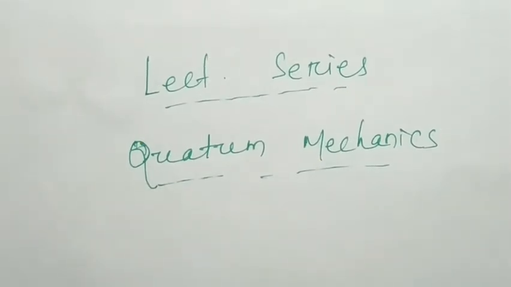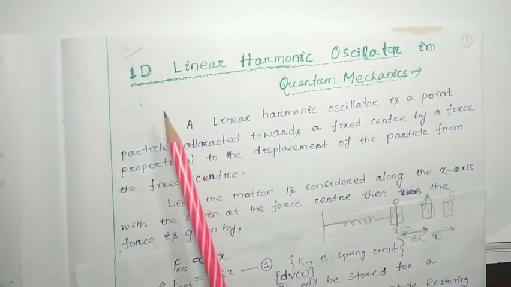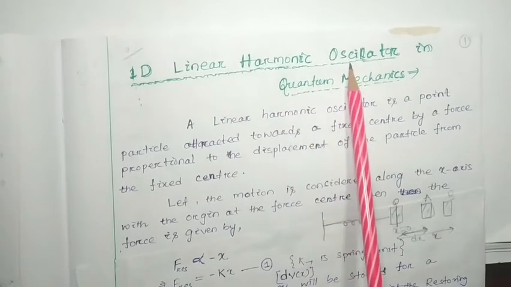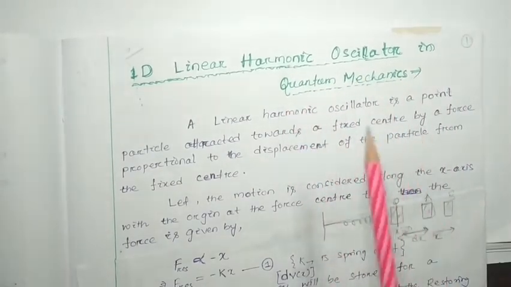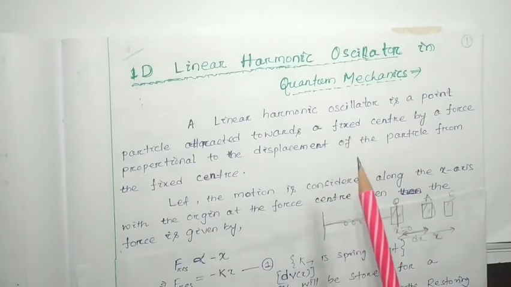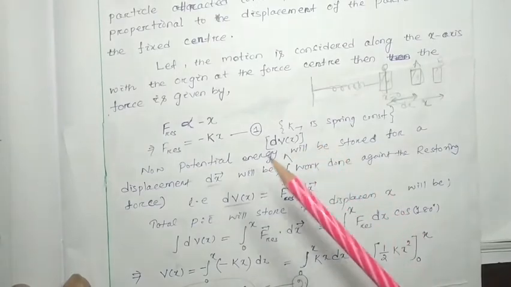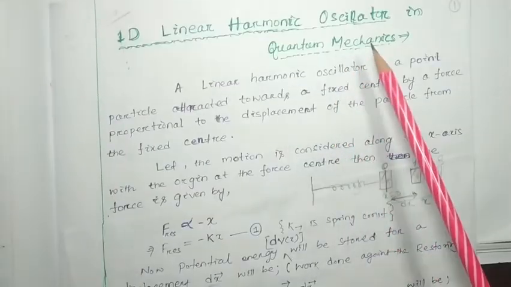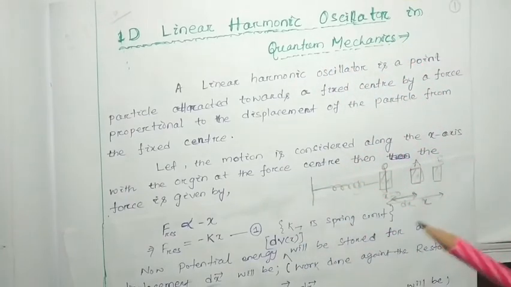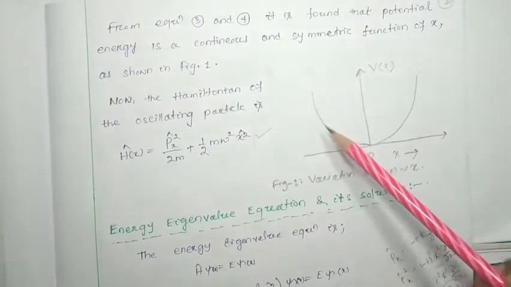Today we are going to discuss another half portion of the one-dimensional linear harmonic oscillator in quantum mechanics. In our last class, we discussed in detail the physical significance of the harmonic oscillator in quantum mechanics, how potential energy is stored, and the nature of the potential energy curve.